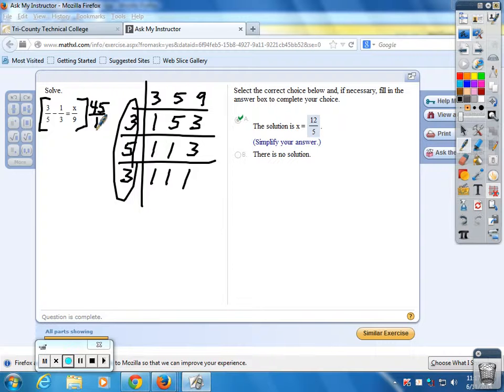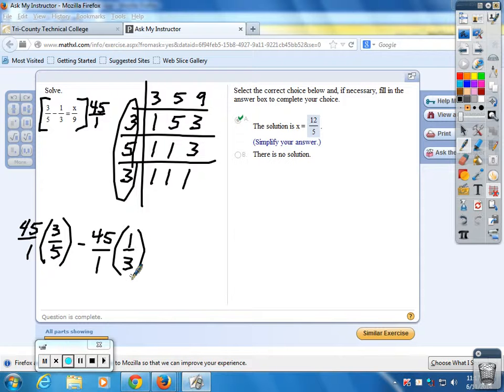So 45 over 1 times 3/5, minus 45 over 1 times 1/3, equals 45 over 1 times x over 9.